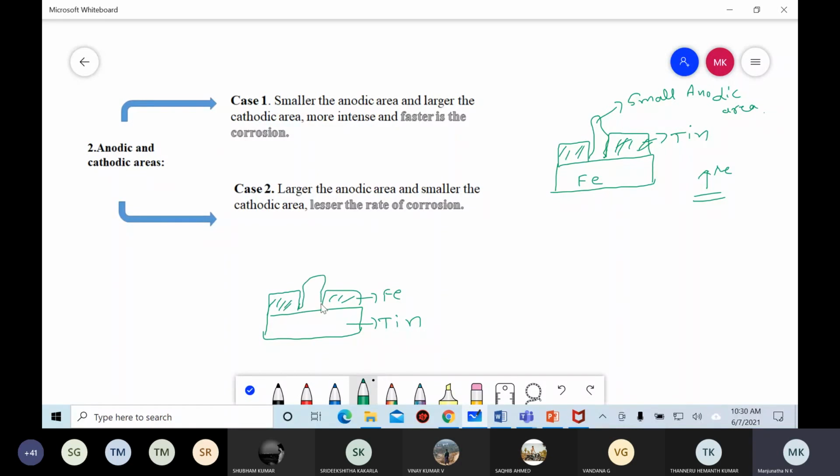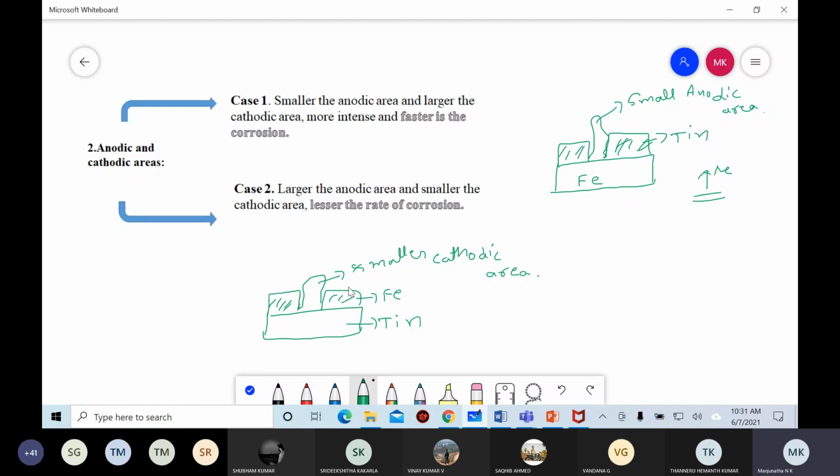So it indicates what here? There is a smaller cathodic area. Smaller the cathodic area. Once a smaller cathodic area is formed on the surface of the metal, there will be a larger anodic area.